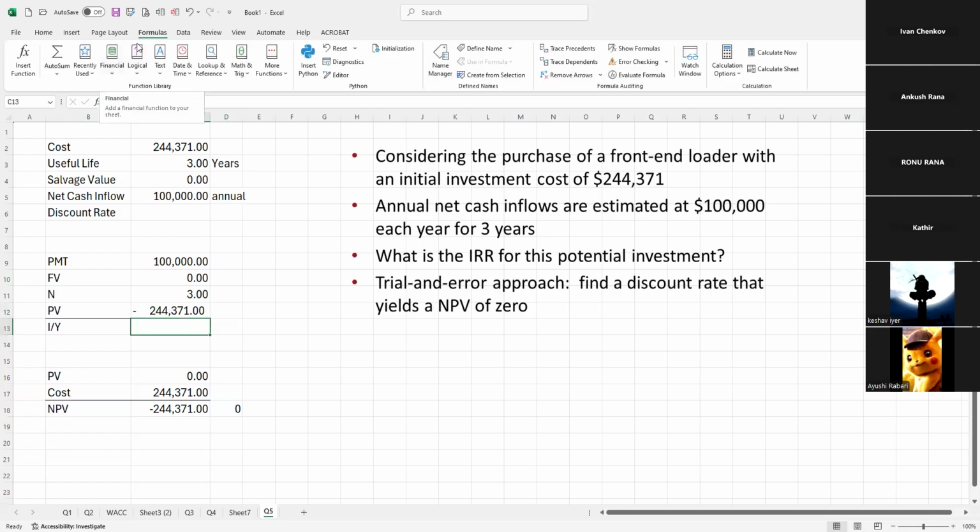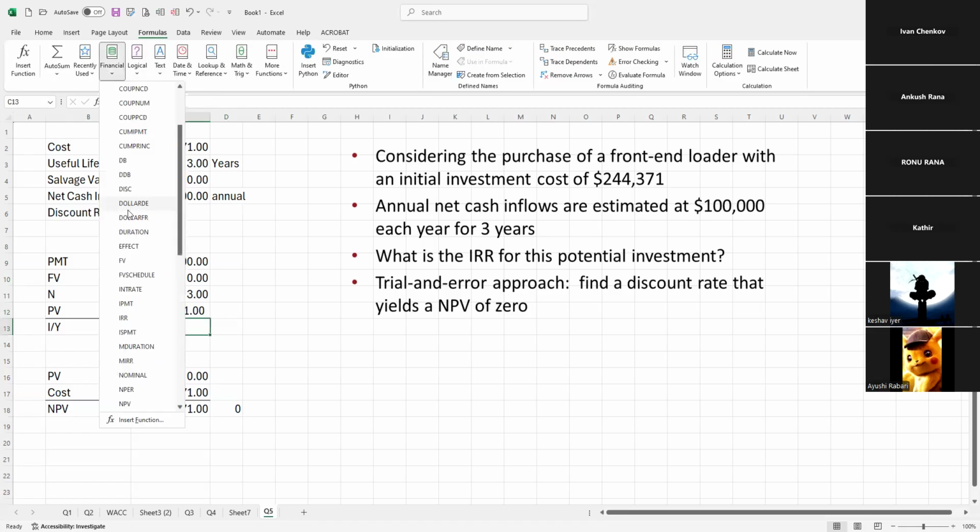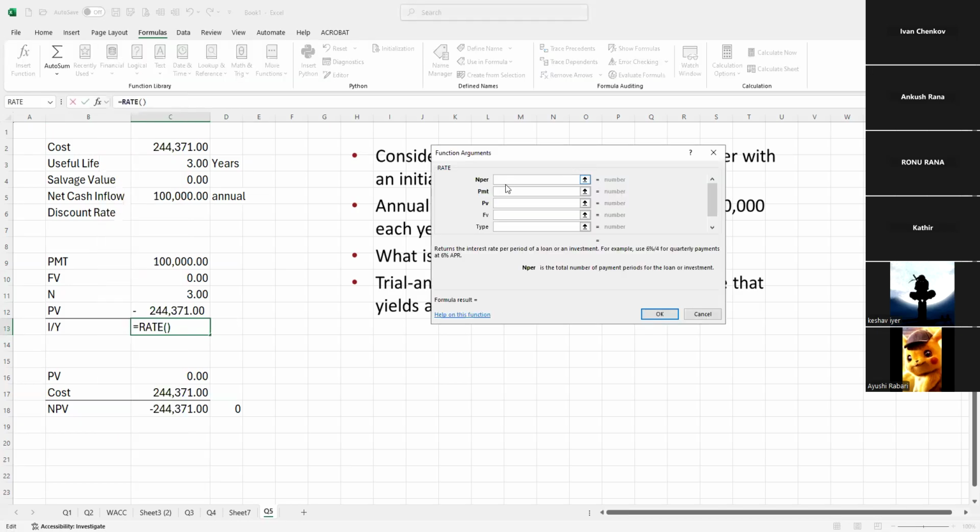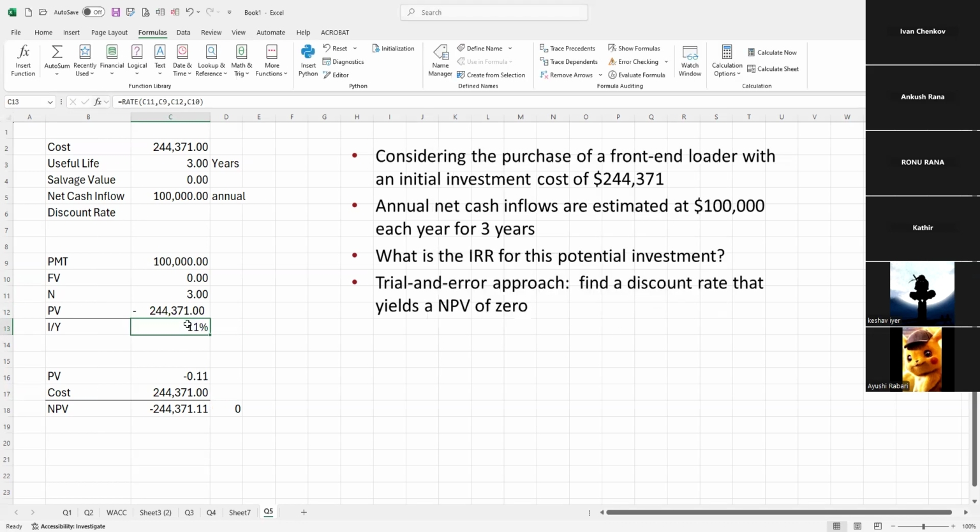Financial, formulas, financial, go to rate. N is 3. Payment, 100,000. Present value, I have it. Future value, 0. Type, I'm getting it at the end of the period. So calculation, this.